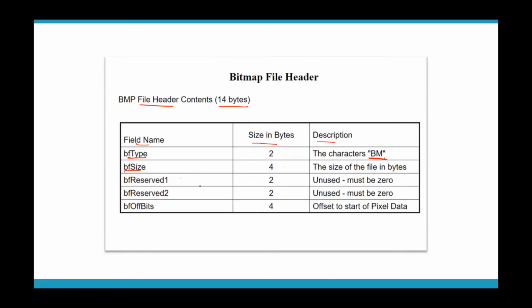And then the last field in the file header is the offset, which contains the offset of the pixel data. That means the address where your actual pixel data starts. So it contains the offset value to the start of the pixel data. As I had said, every bitmap file will have 3 sections.